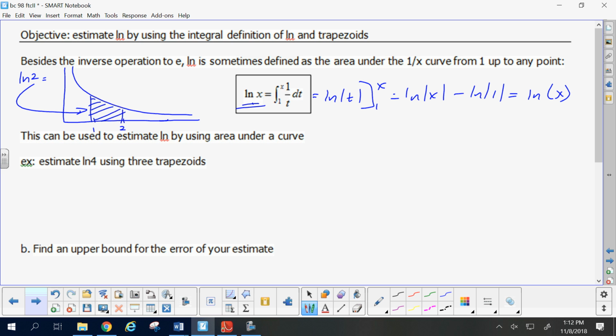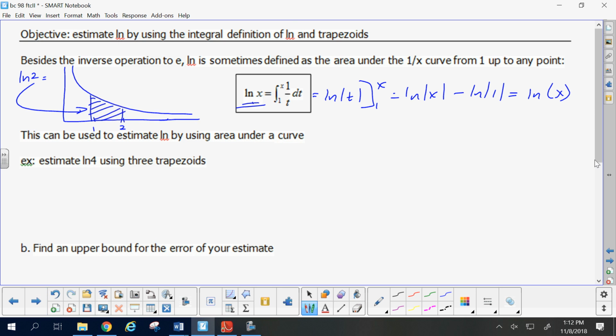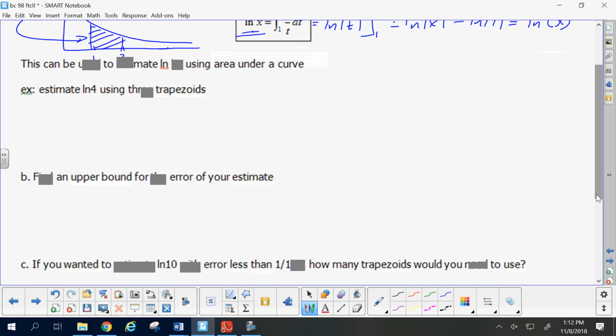You follow? You could then use that combined with your estimation methods to calculate log of 4 without a calculator, as precisely as you wanted. Let's say I wanted to estimate log of 4. That visually means the area under the curve from 1 to 4.